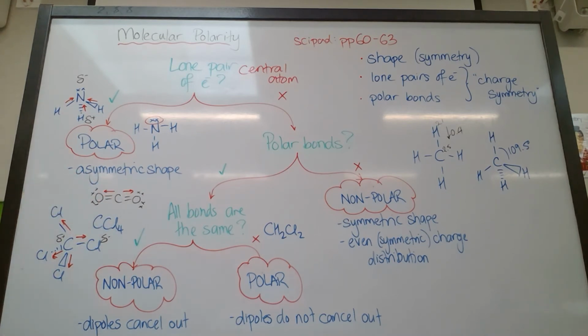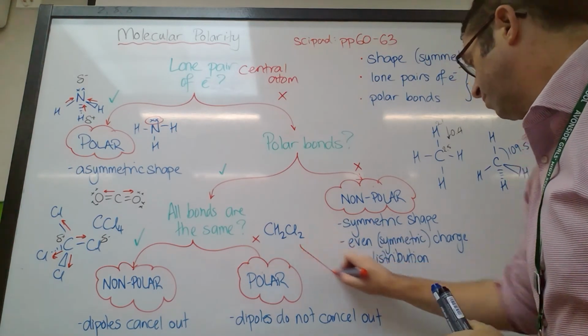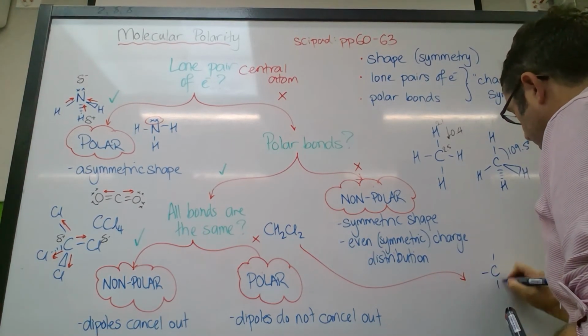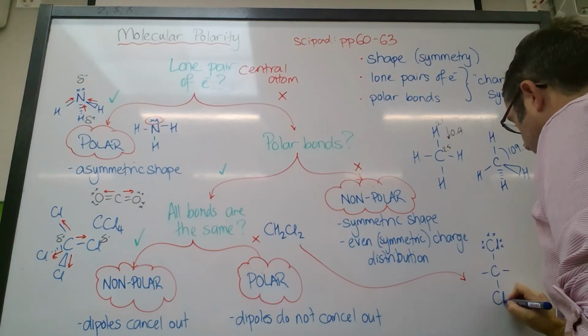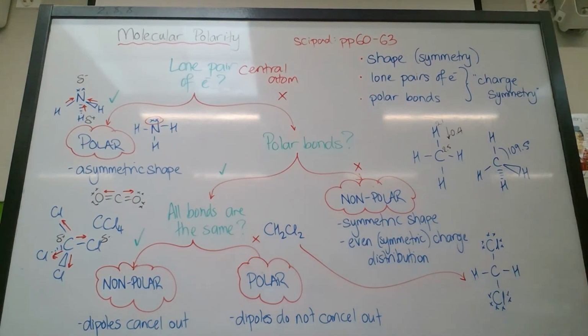Okay. And my last one is my polar. If I look at CH2Cl2, it's really similar to this, but the difference is that each bond has got a slightly different pull and a slightly different dipole. So if I draw this one over here, if I just do the lowest structure first, there is a way to draw it where it looks like it's non-polar, because these two would cancel out and these two would cancel out.